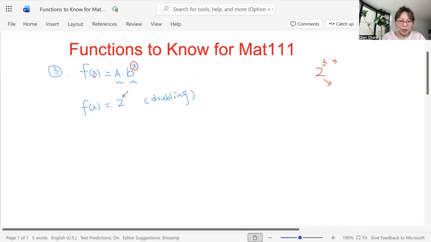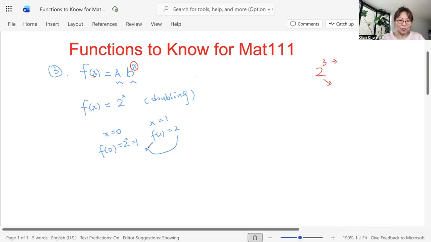Let's give some values for x. If x equals 0, f of 0 equals 2 raised to 0 equals 1. If x equals 1, f of 1 equals 2.